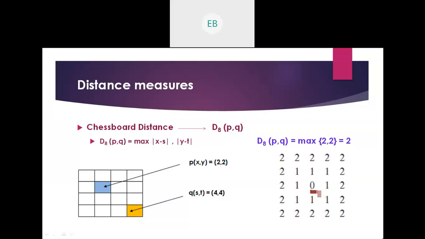Suppose again we know the distance between these two adjacent pixels is 1. This is also 1, this is also 1, and this is also 1. So tell me now how to calculate the distance from this pixel to this pixel.